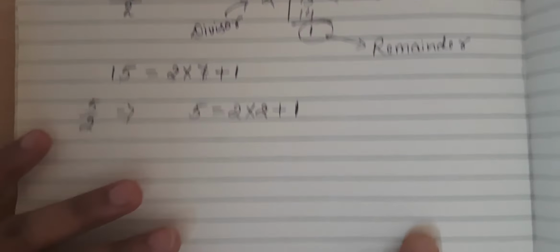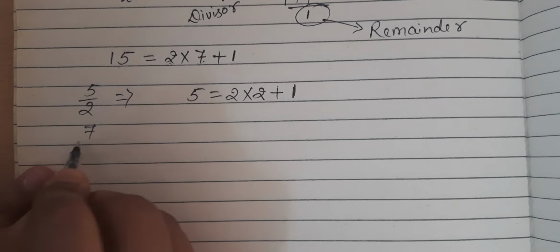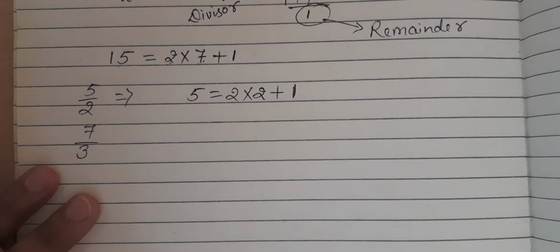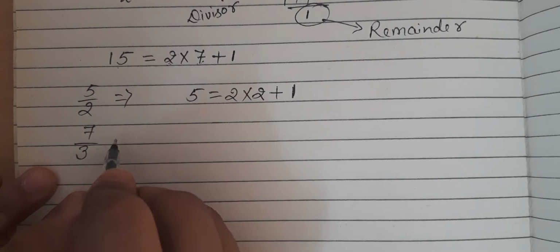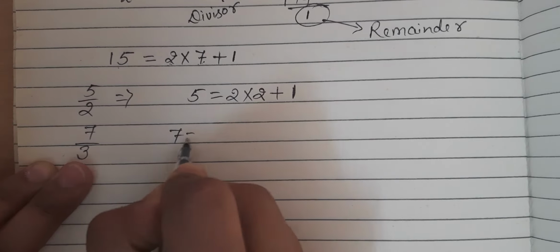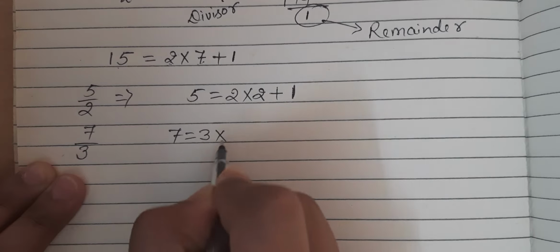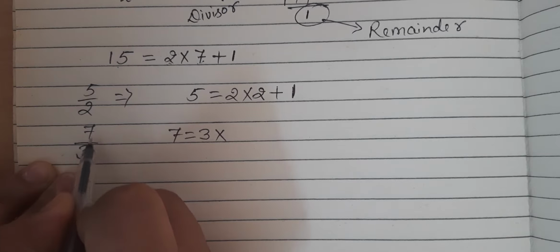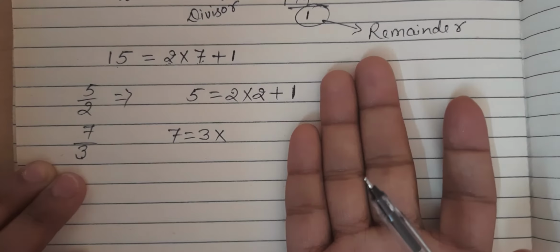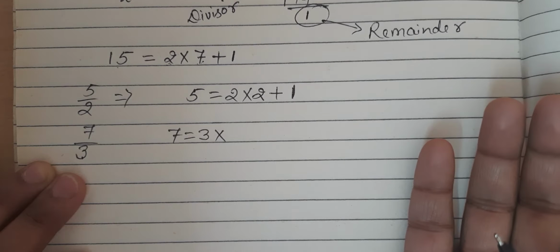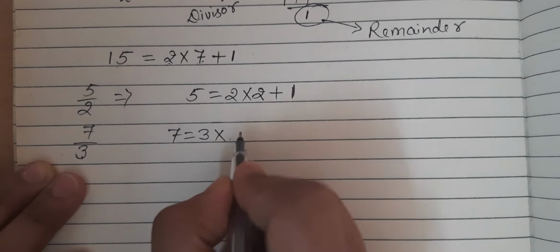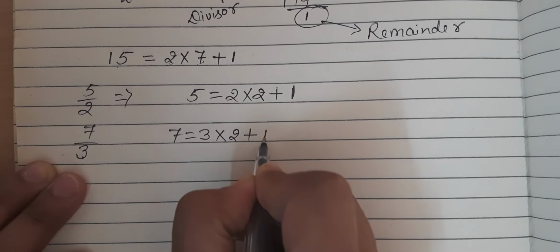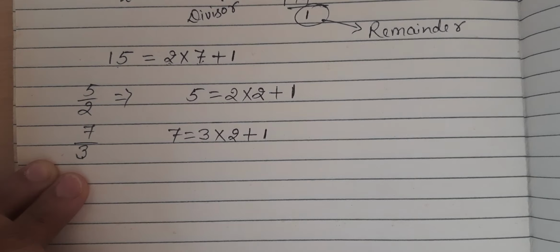Okay, take one more example. If I say divide 7 by 3, this 7 can be written as 3 multiplied by some number plus remainder. So 3 2s are 6 plus 1 as a remainder.